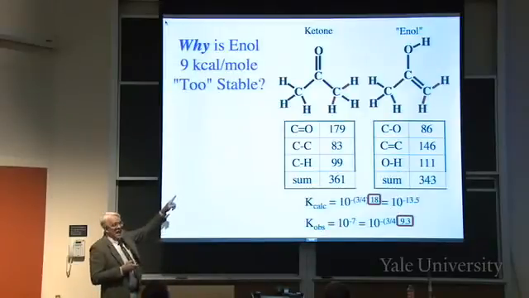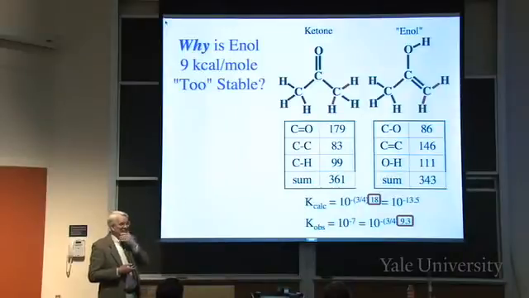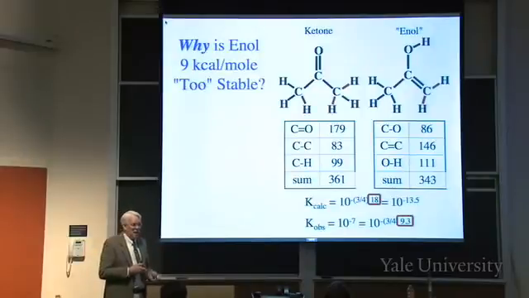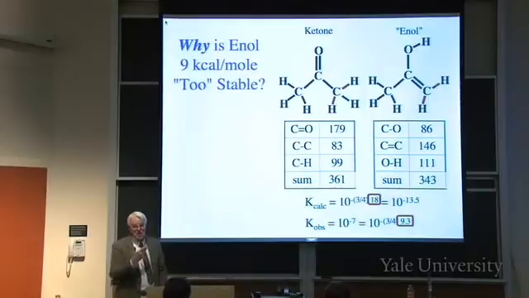those bonds that we canceled, the CH bonds that didn't change, in fact did change between the starting material and the product. Why could I say that they did change? In both cases, on both sides, they're single carbon-hydrogen bonds. How can I say they change, Angela? Well, in the ketone, they're sp3 hybridized. Aha.